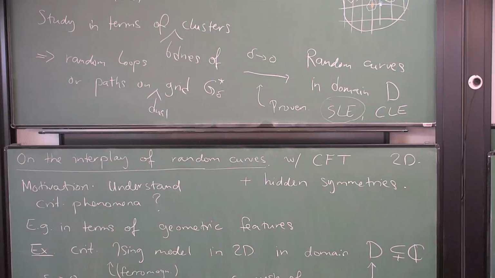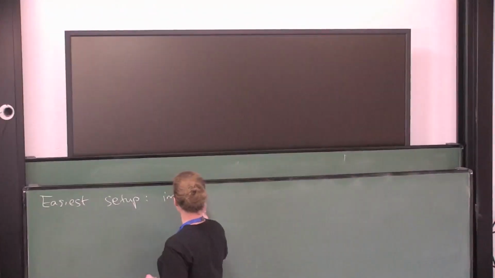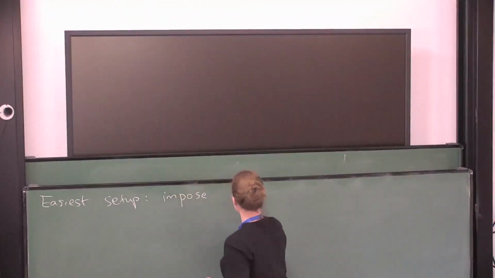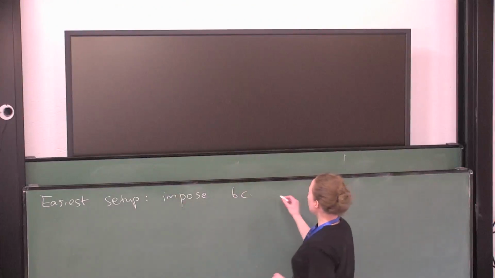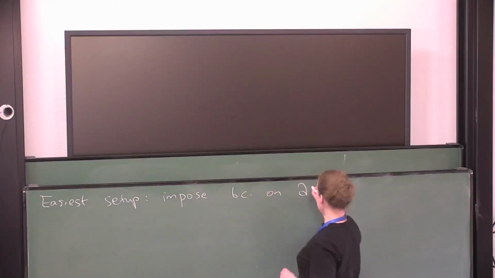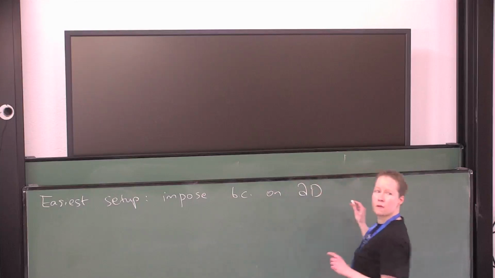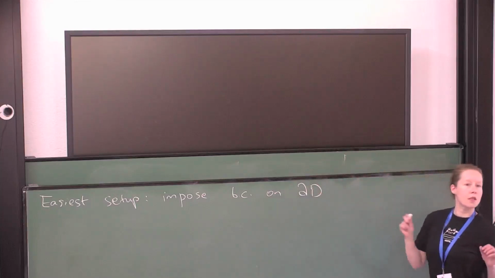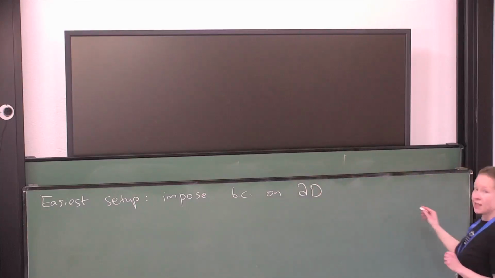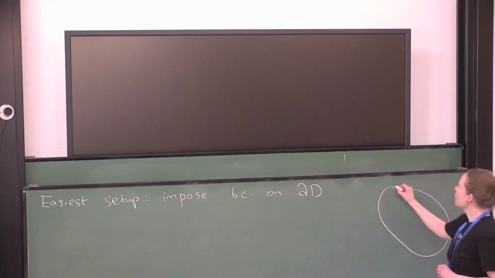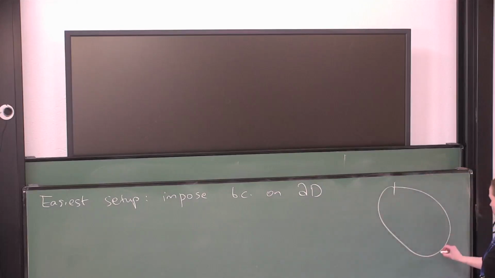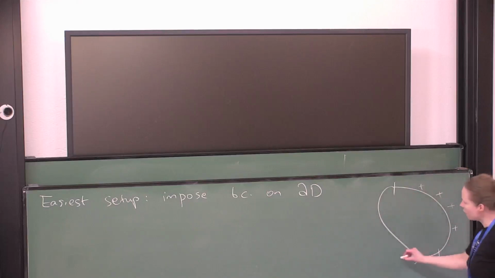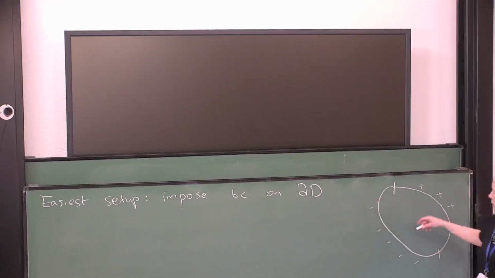So if you impose some boundary condition on the domain boundary. By the way, if you have questions, just shout because I may not see that. Okay, so you could say that you have pluses on one side, minuses on the other side. And inside you sample your discrete model, so here's the grid.